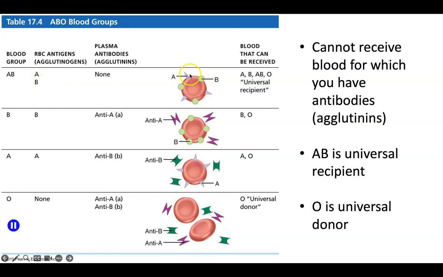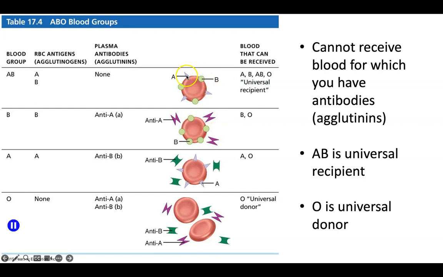And so what that means is here's your red blood cell, and on the surface of that red blood cell are going to be expressed two different antigens. So these are proteins that are expressed on the surface of your red blood cells if you are in this AB blood group. So you can see they're both right out there on the surface of the cell. And importantly, these are things that immune cells can detect.